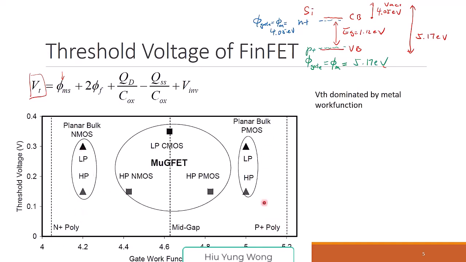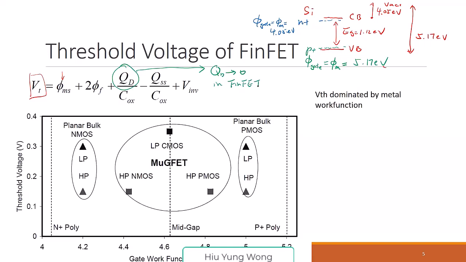So that is okay. But when we go to the FinFET, something changed, because when we were in the bulk era, we had a big depletion layer charge, right? That contributes to the threshold voltage. But now QD is almost zero in FinFET because usually we don't dope it, it's undoped.